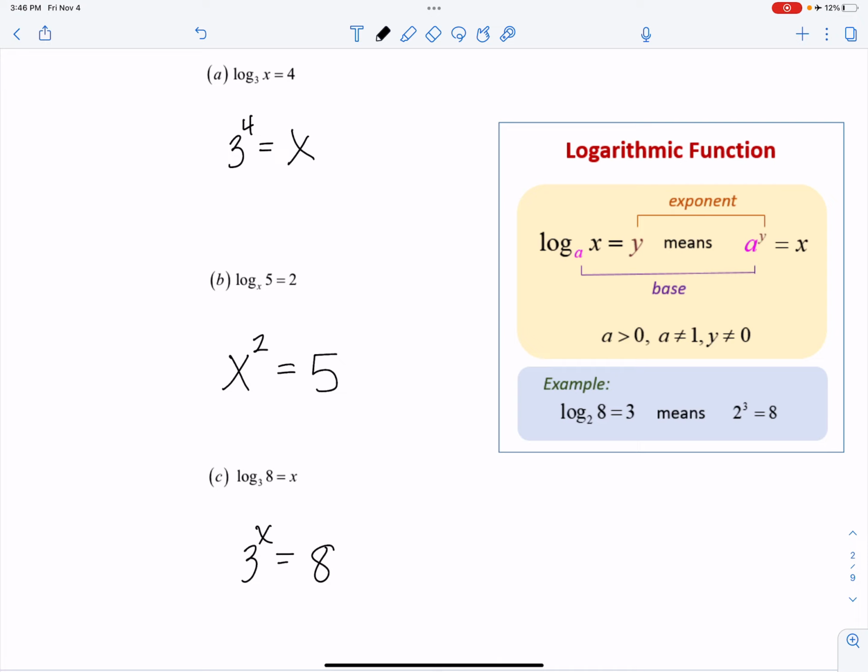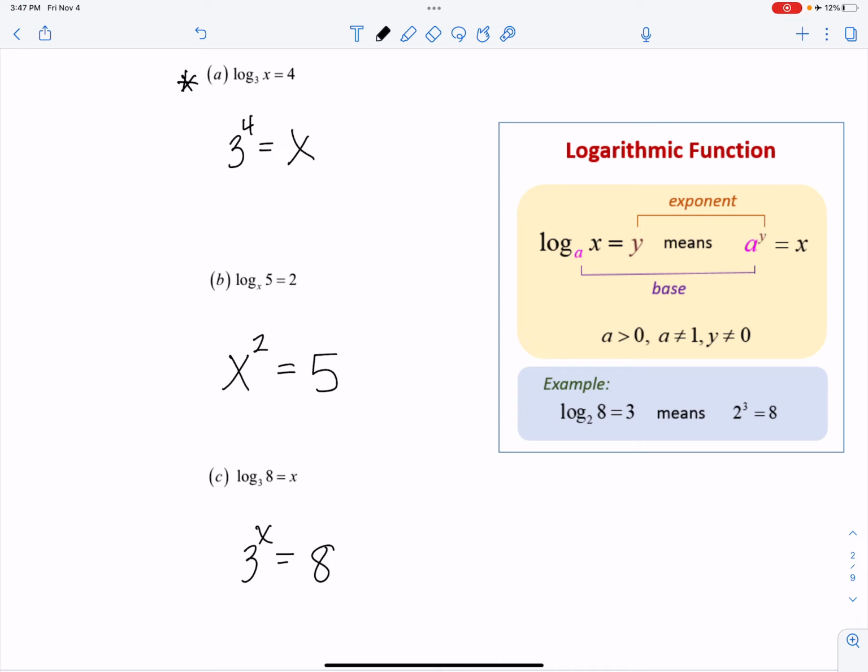Now, one of the important things about rewriting logs into exponential form is how it makes it easier for us to solve. Take a look at our first one up here. When I give you log base 3 of x equals 4, solve for x, you're probably thinking, oh my goodness, I don't know how to get the x out of there.